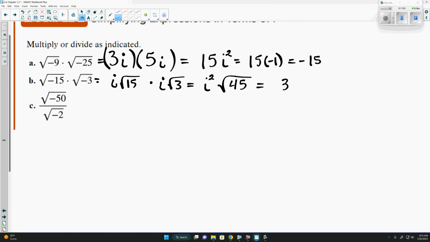So we do have 3 square root of 5, yes? We also have i squared. What is i squared? Negative 1, yes? So if we're multiplying something by negative 1, the value of the number doesn't change, only the sign. So it's just really saying negative 3 square root of 5. Questions on this here?